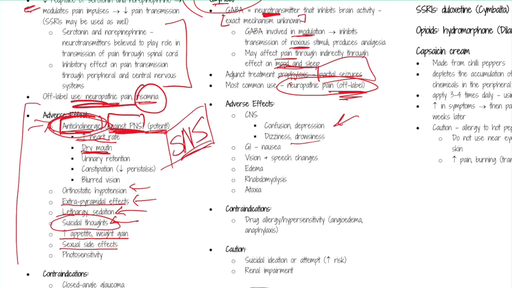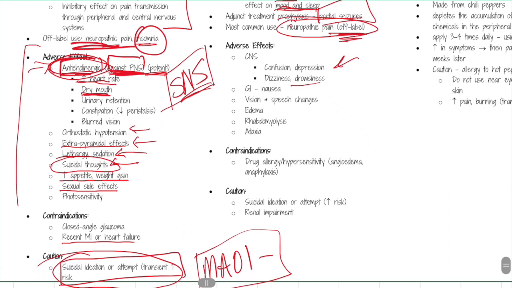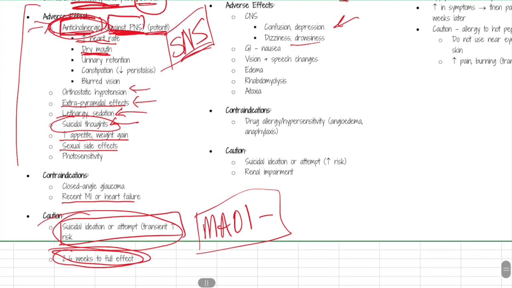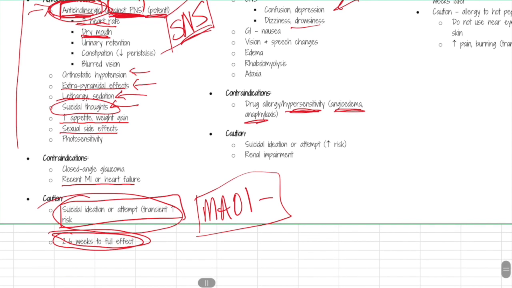I've never seen anyone have any serious complications from taking one of these, and if you've been in clinical or been practicing, you probably have some experience with these. They may have a drug allergy or hypersensitivity, could be angioedema or anaphylactic, but again, it's something I've never seen either. Again, the only really important thing I would worry about here is this increased suicidal risk.